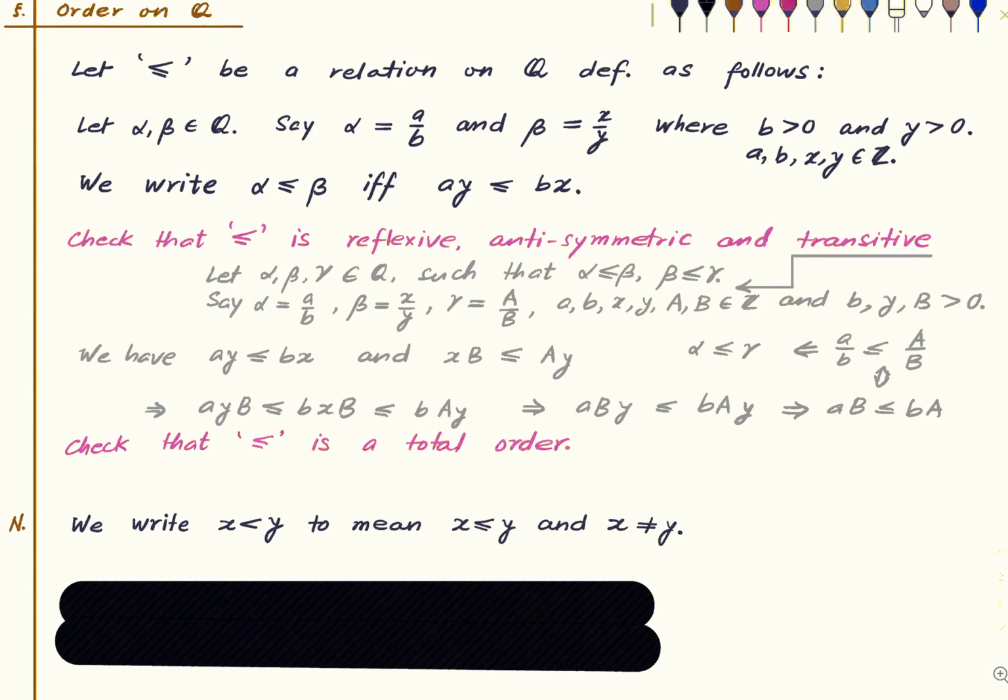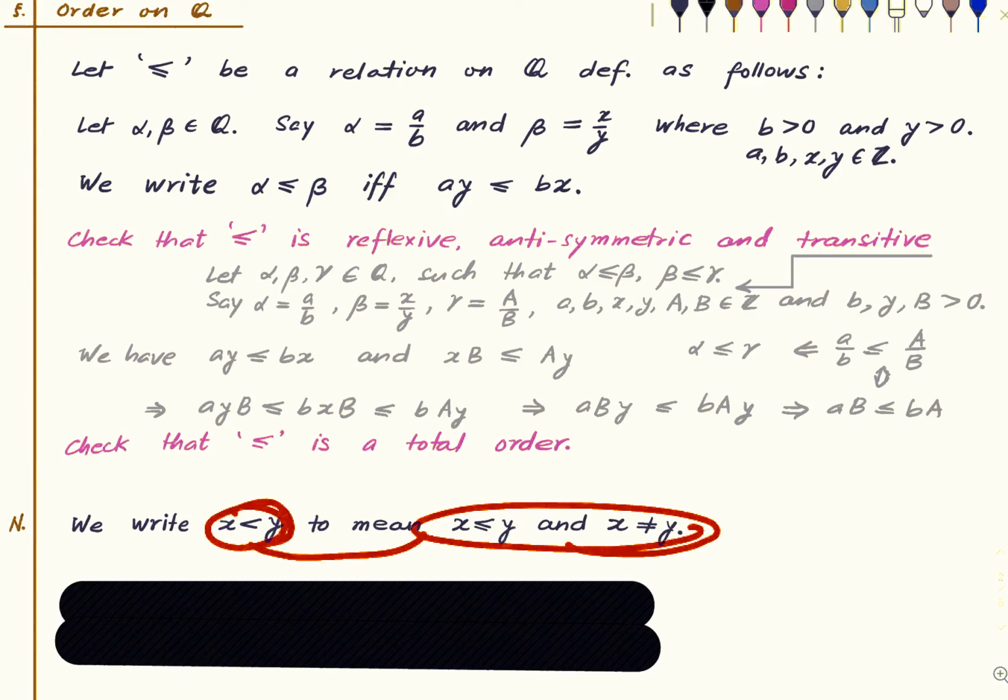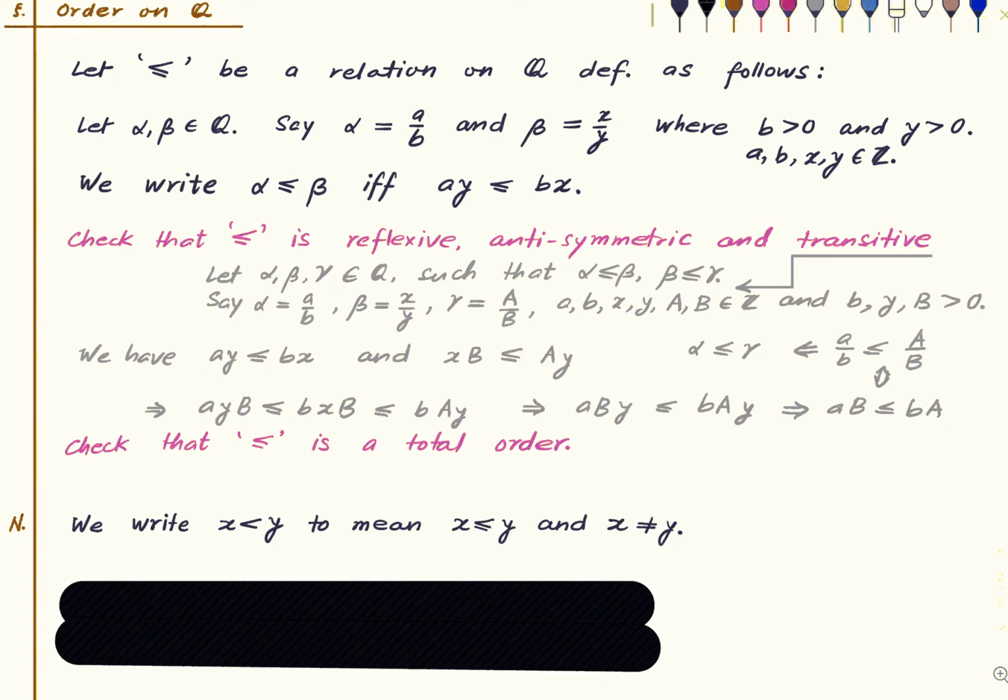So for any partial order, suppose we have a partial order on some set P, then we write this for two elements in P, x and y are elements in P. We write this symbol to mean that this is the case and this is the case. So if you have two different elements with some comparability, then you may combine those two statements to write a succinct single statement. Again, we are already used to doing this.